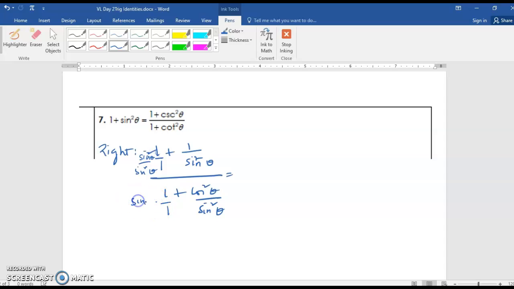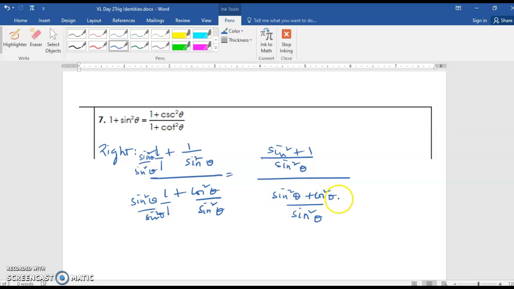Same here. So this becomes, common denominator is sine squared theta, and here we have sine squared theta plus 1, and in the denominator we have sine squared theta plus cos squared theta. Isn't this one? And also, when you flip the bottom, the sine squared theta will be cancelling off, right?